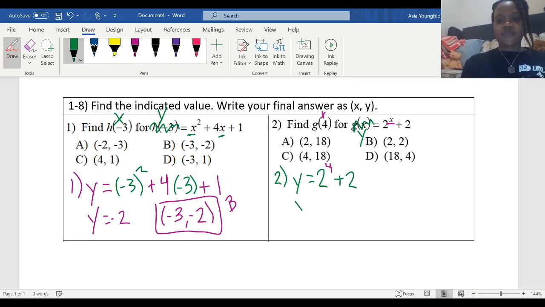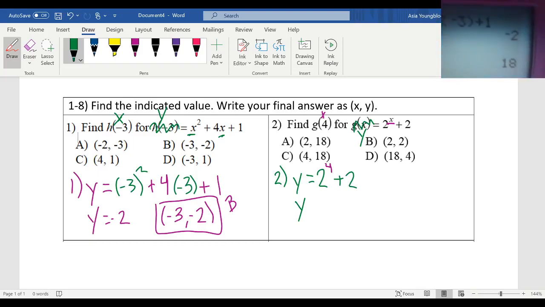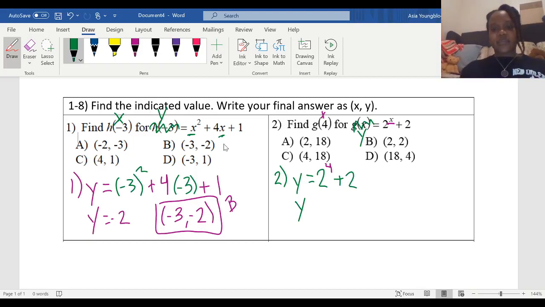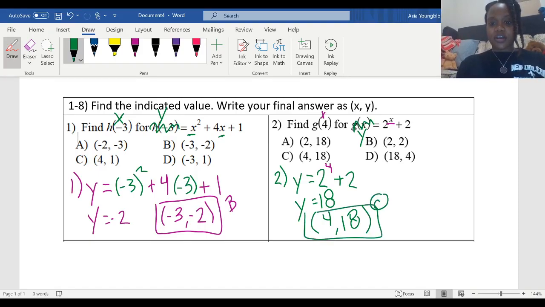So again, we just have numbers on the right side of the equal sign, so we can just type that into our calculator. 2 to the fourth power plus 2 gets us 18. So again, all I did was type this into my calculator, and it got me a y value of 18. So our final answer, or ordered pair for this problem, is going to be 4, 18, which is C. So again, this is all you need for numbers 1 and 2.